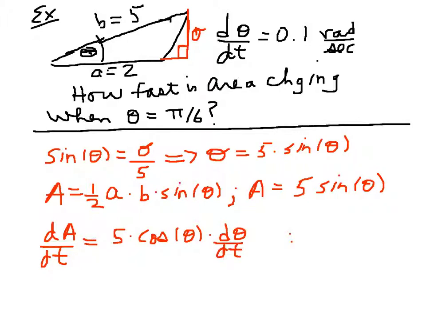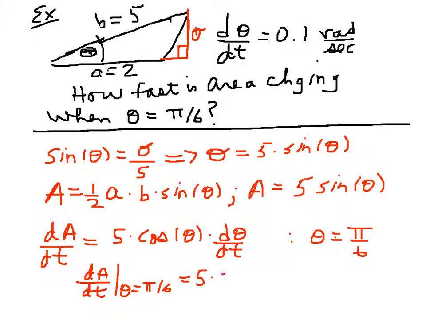So now we're asked how fast is area changing when theta is pi over 6. dA/dt when theta is pi over 6 is equal to 5 times the cosine of pi over 6 times 0.1.